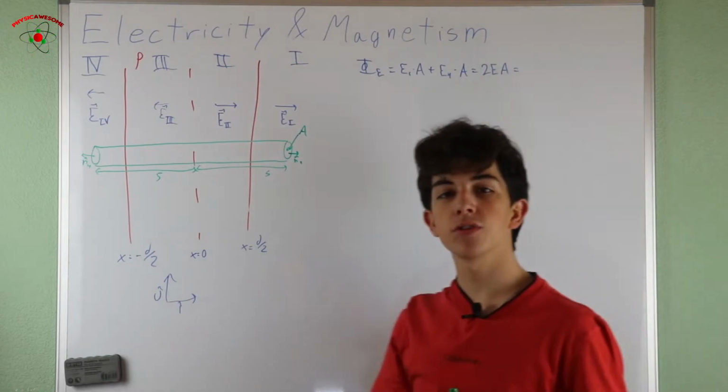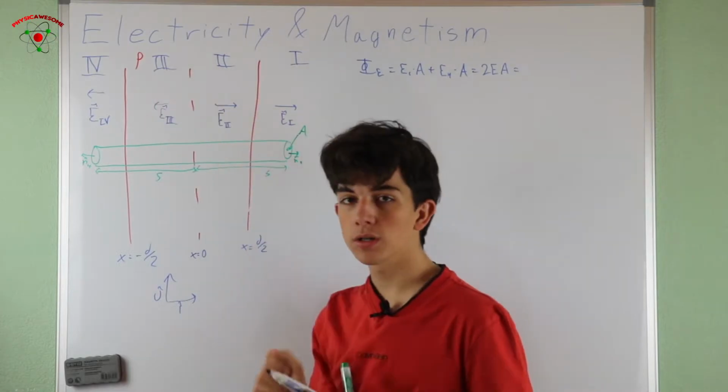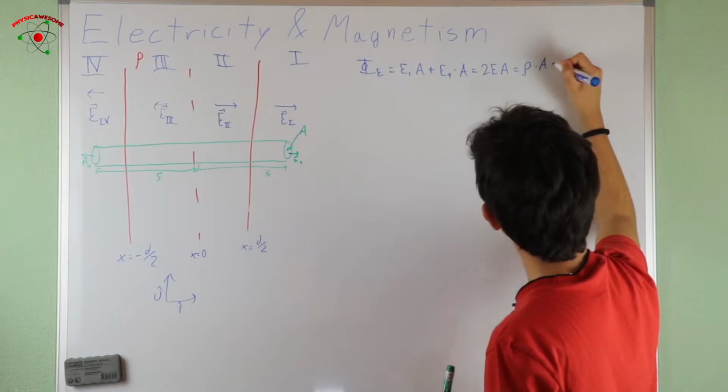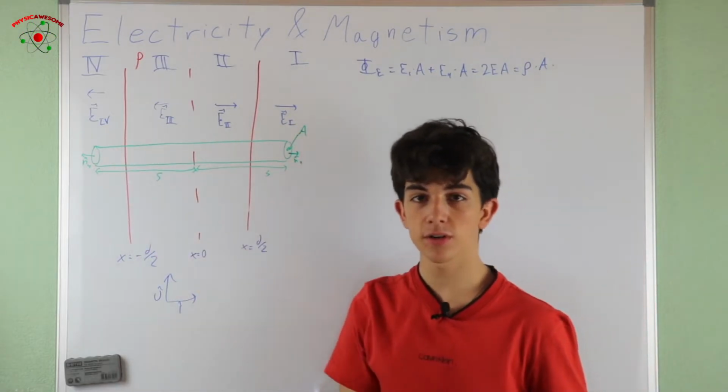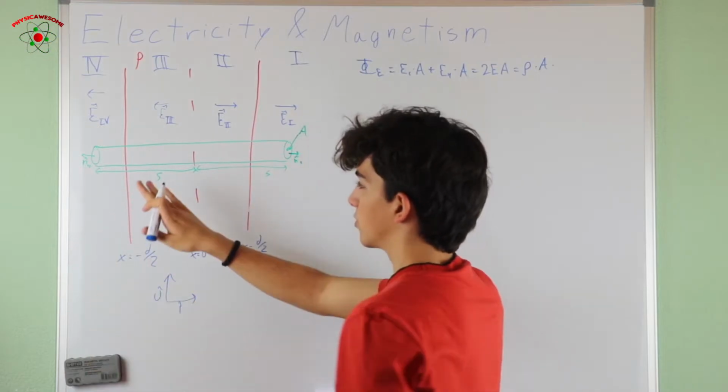And now let's consider the charge enclosed. We're going to have rho, the charge density, times the area of this cylinder, times d, because it's the distance we're considering over here.